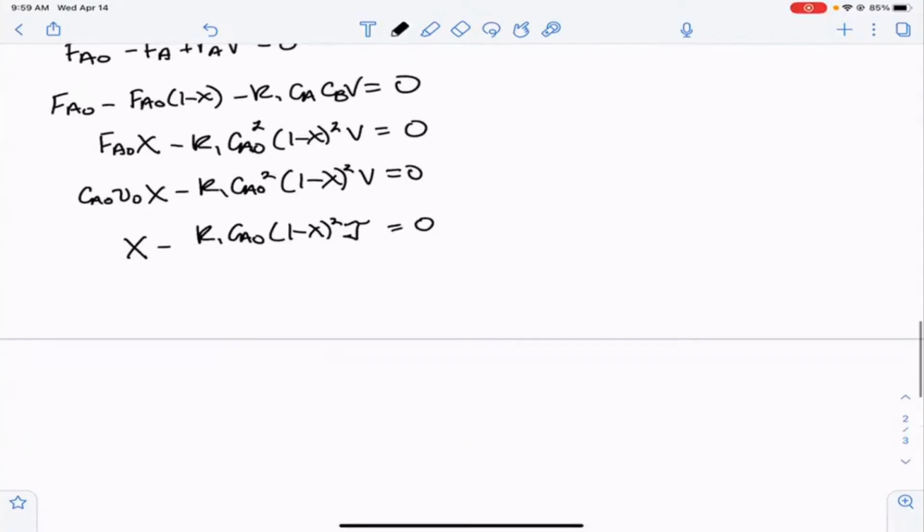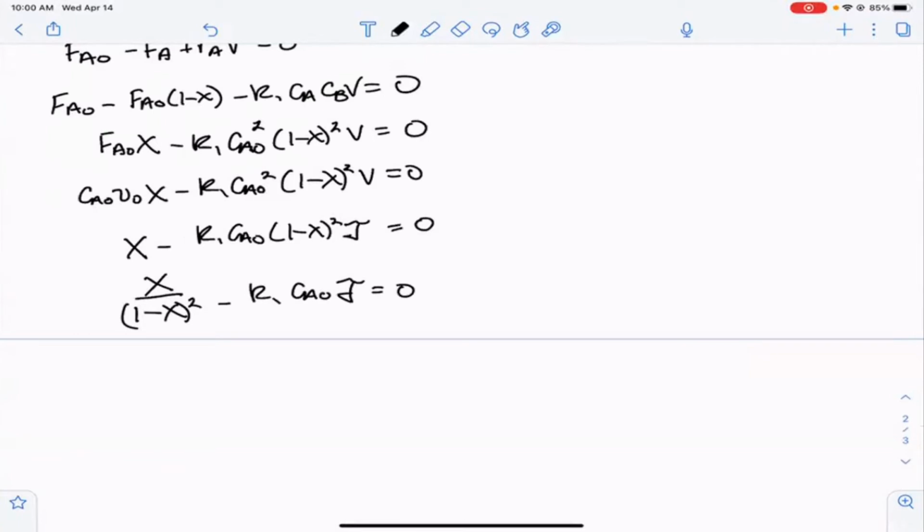And then we could rearrange this if we wanted to. And I did it this way. You could FOIL this out if you wanted and do this as a quadratic. I chose to actually write it instead as X over 1 minus X squared minus K1 CA0 times tau is equal to 0.